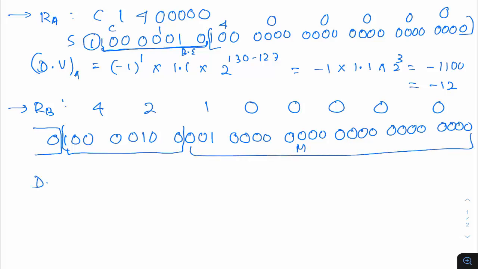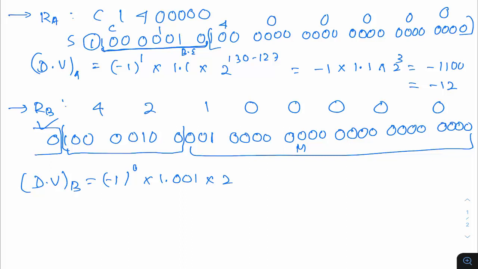If I ask you what the decimal value of B is, it is minus 1 to the power sign bit, which is 0 here, so minus 1 to the power 0, multiplied by 1.001. I'll continue like this until I get the zeros, so we'll stop there. So it is 1.001 multiplied by 2 to the power biased exponent value.